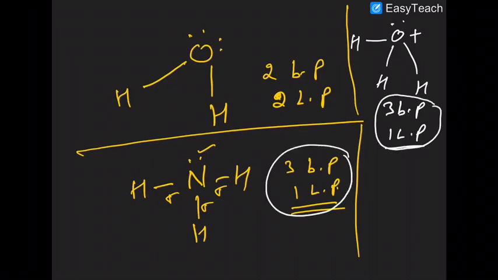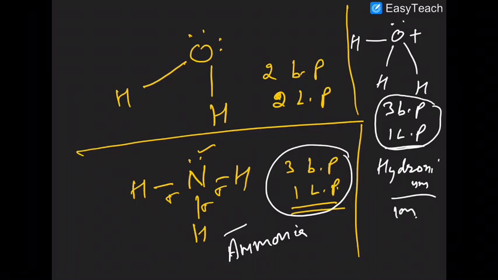But this is ammonia and this is hydronium ion. Look at the number of bond pairs and lone pairs, they are the same in number. The bond pair is present between two atoms, and the lone pair is present only on one atom.